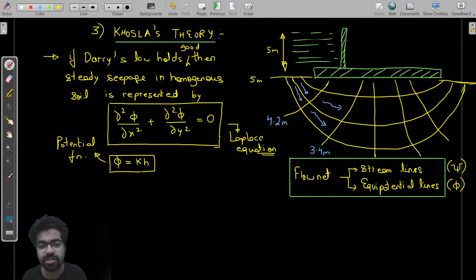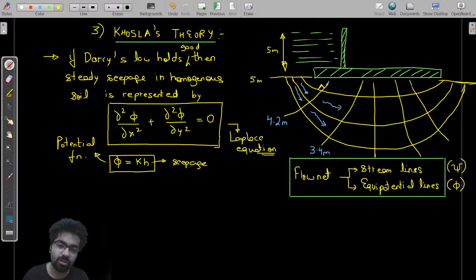We are not going to discuss what is phi, what is psi, what is the concept of flow net. You just remember there is a flow net. This net consists of two sets of lines which are perpendicular to each other, orthogonal to each other. You must remember this one. H is, as you all know, seepage head at any point, which is going on reducing, highest at the upstream point and lowest at the downstream point.